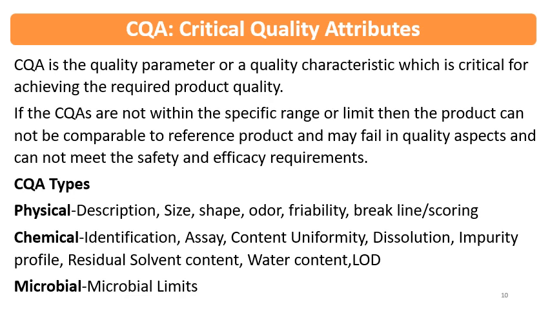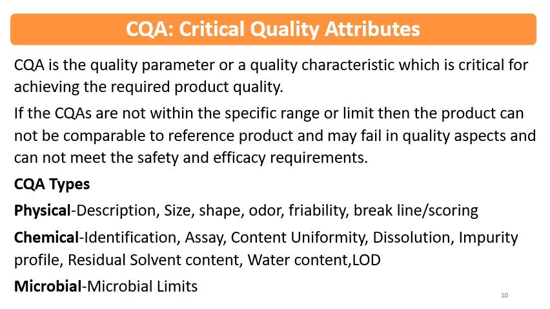A CQA is a quality parameter or quality characteristic which is critical for achieving the required product quality. Without meeting the CQAs, the quality cannot be met. If the CQAs are not within the specific range or limit, then the product cannot be comparable to the reference product and may fail in quality aspects and cannot meet the safety and efficacy requirements.